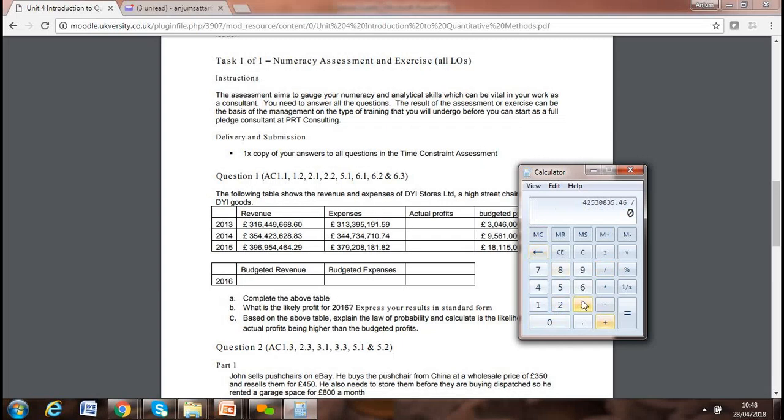354,423,628.83. You will see there is a rounding figure, yes? Yes, sir.